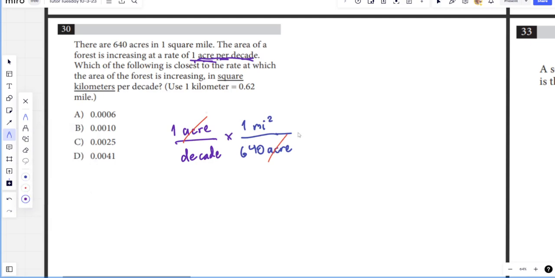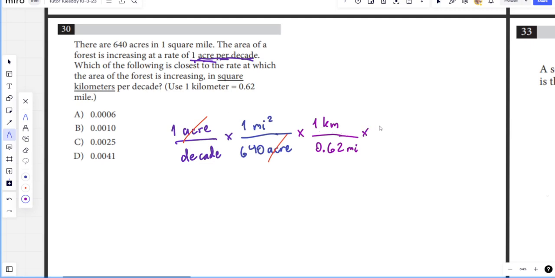What's next? Let's multiply by 1 kilometer for every 0.62 miles. But you'll notice that this isn't enough. We have square miles, or miles squared, in the numerator up here. We divided by only one factor of miles, so it's not going to cancel out fully.